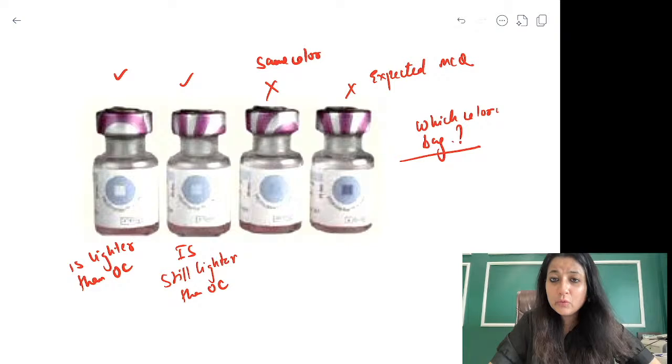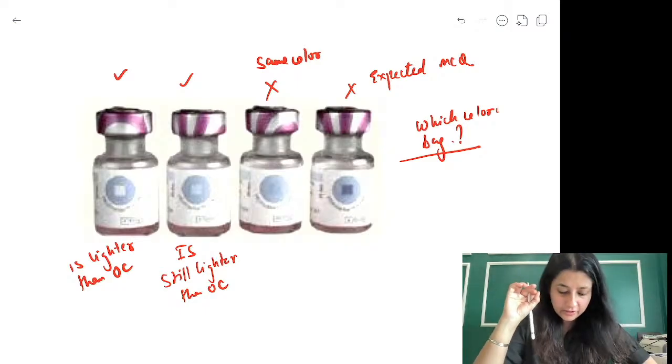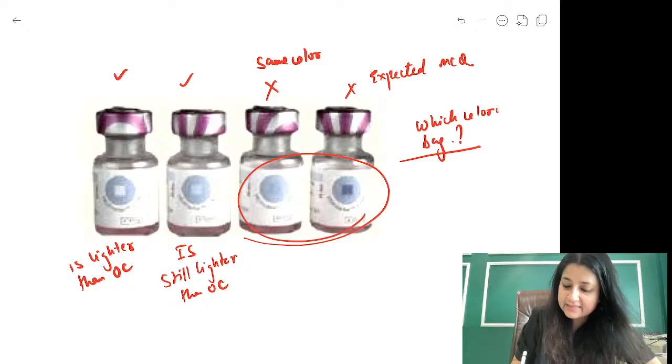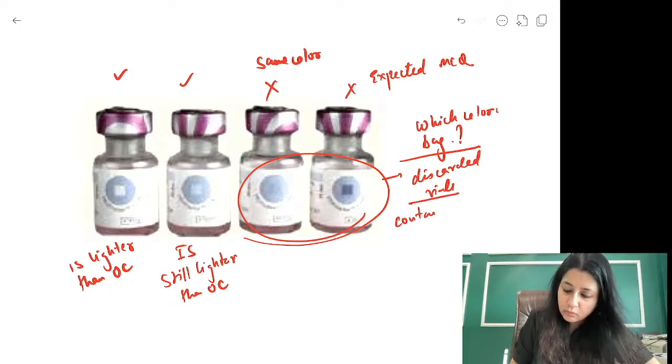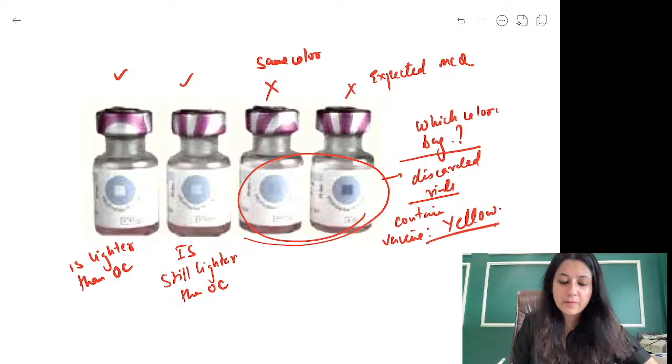Remember, this contains vaccine, so it is microbiology and biotechnology waste. Right now these are discarded vials. They are damaged vials. They contain vaccine. So when they contain vaccine, you will always discard in a yellow bag. Am I clear?